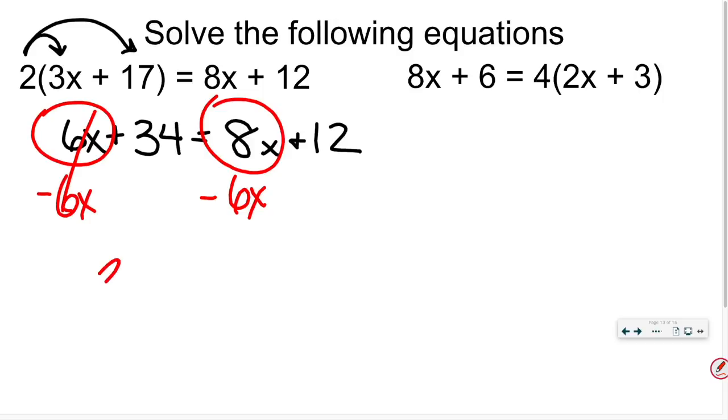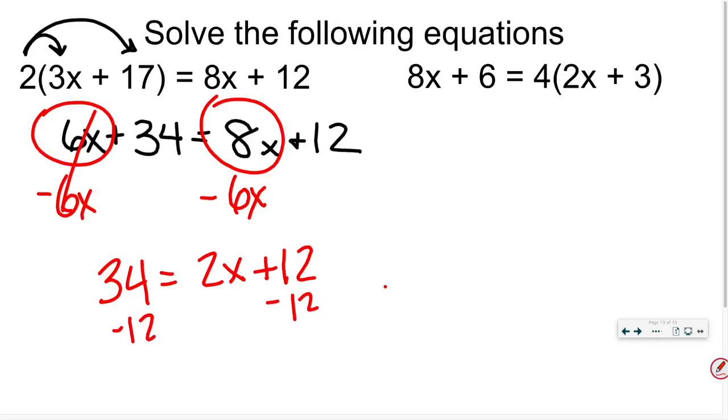So that's gone. We have 34 equals 2x plus 12. Now what can I do? I can subtract 12 from both sides. So I have 22 equals 2x. Solution? Divide both sides by 2, so x is 11.